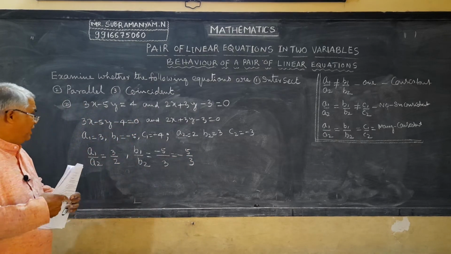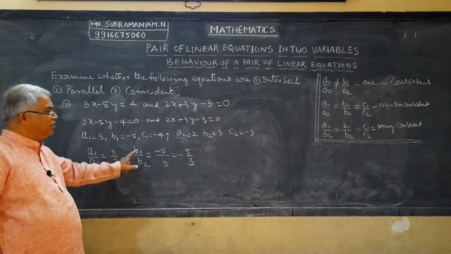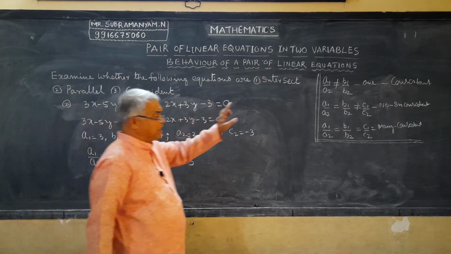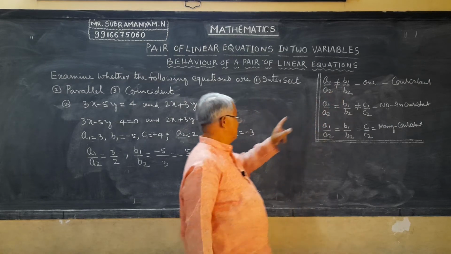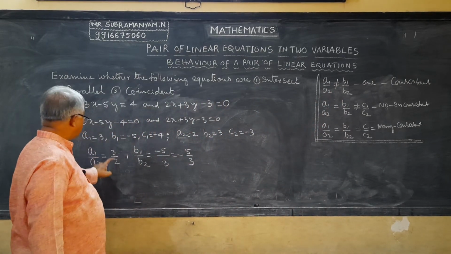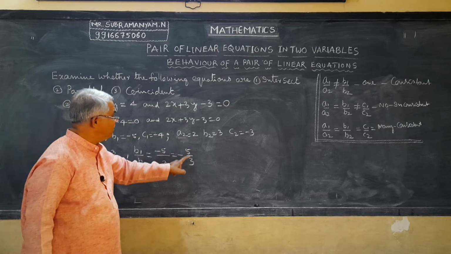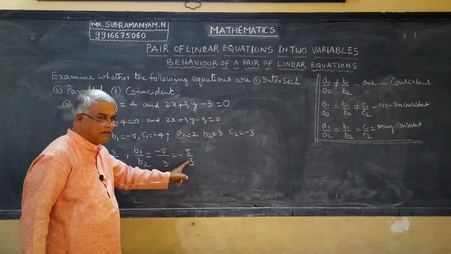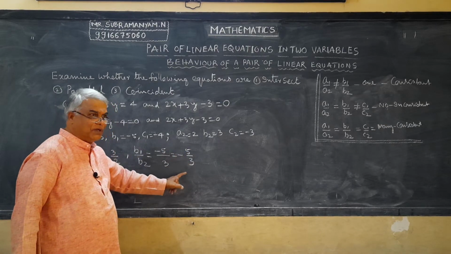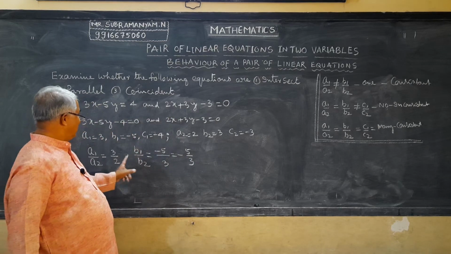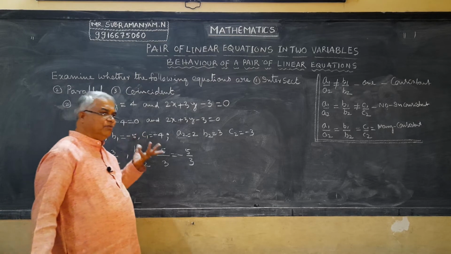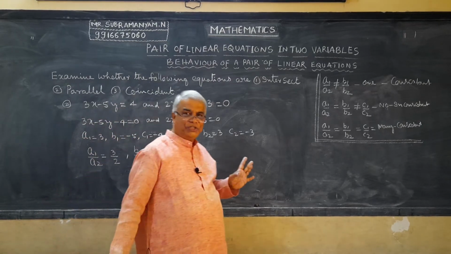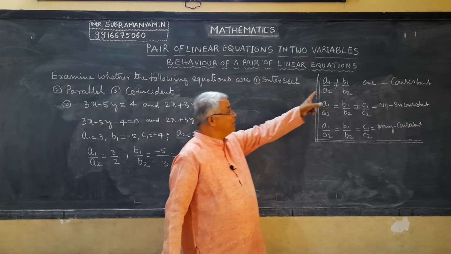See, when you find the value of a1 by a2 and b1 by b2, first check this condition, whether they are equal. If they are equal, go to the third one. Now, this is 3 by 2, this is minus 5 by 3, so we need not go to the third condition. Right away we can go to this condition.